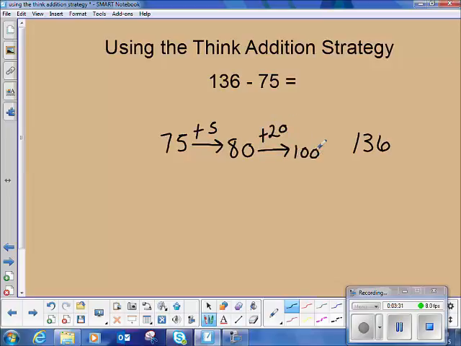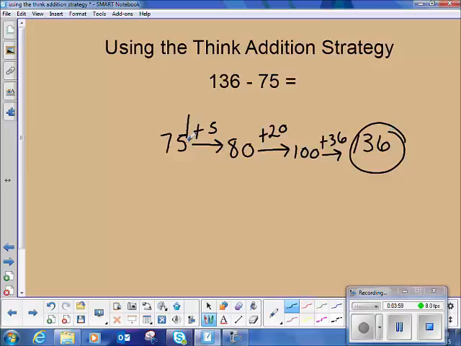It's a nice friendly number. So I'm at 100, I'm trying to get to 136, and I know if I add 36 to 100, I will be at 136. So I've gone from 75 to 136 by adding 5 to get to 80, 20 to get to 100, and then 36 more to get to 136.